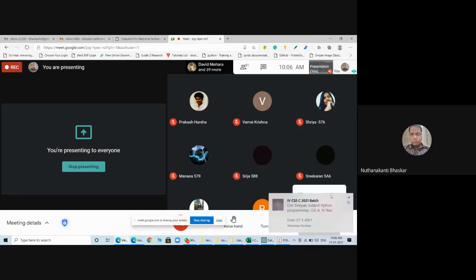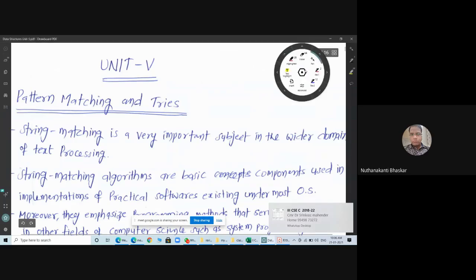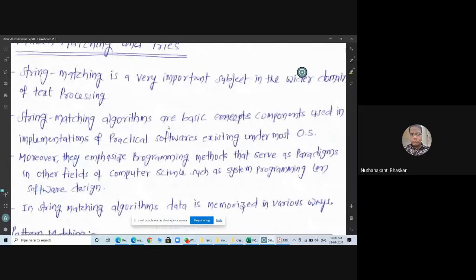Now, already I told you, today we are going to discuss at least the first algorithm, very easy. Pattern matching is a very important subject in the domain of text processing.